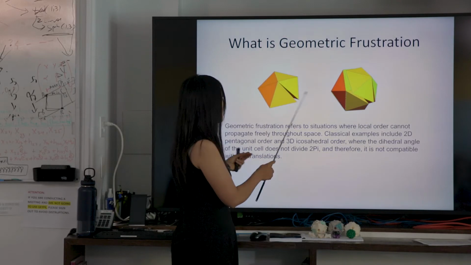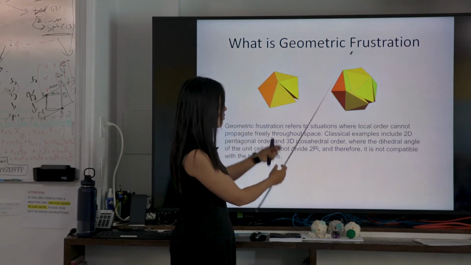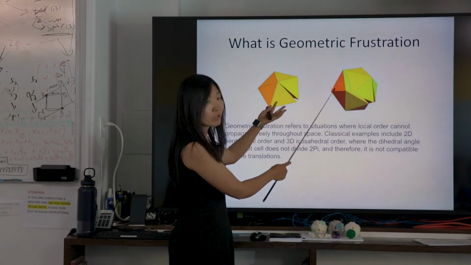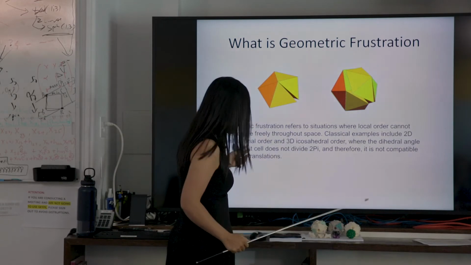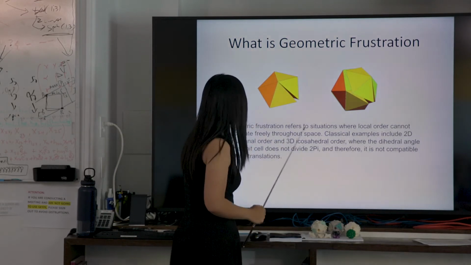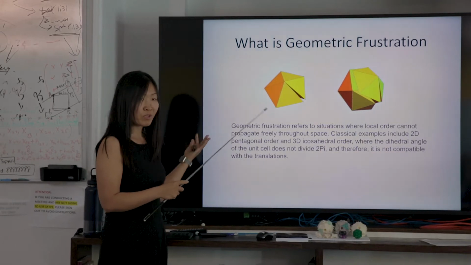There will be a little gap there. Similarly, if you put 20 of them around a point, it's not going to close the whole volume, so there will be gaps. That is kind of frustrated.